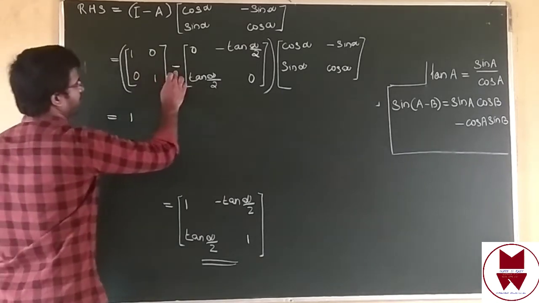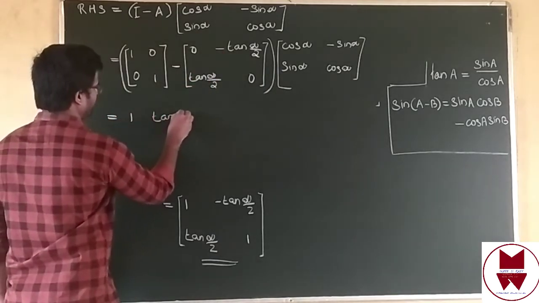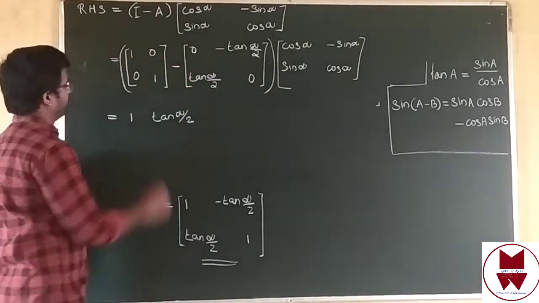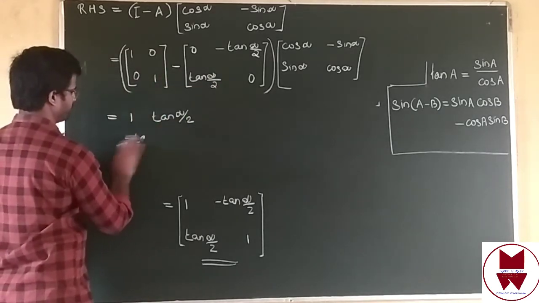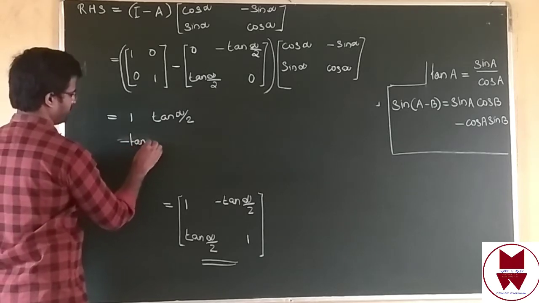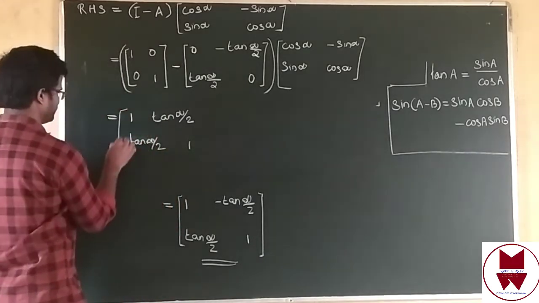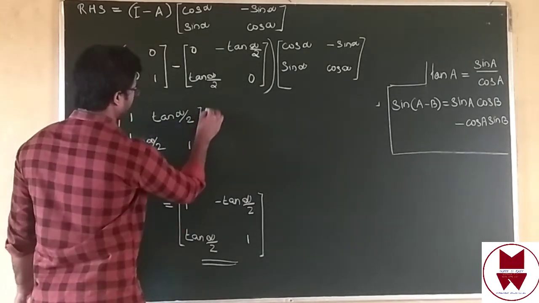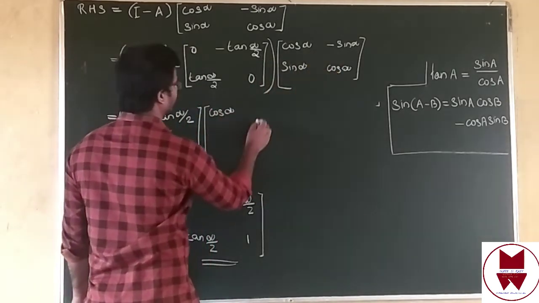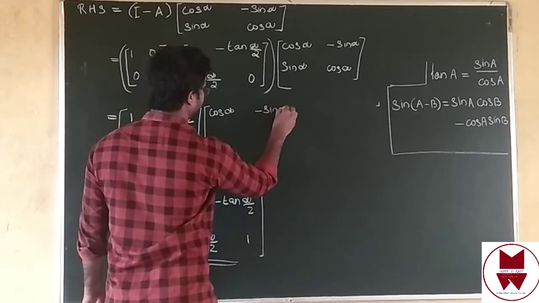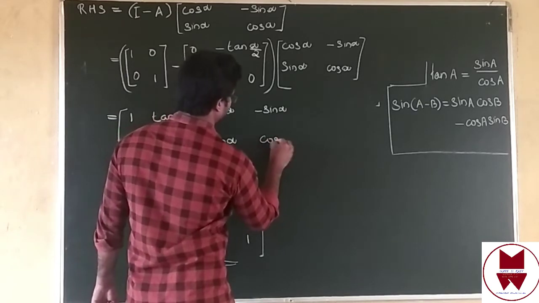And then 0 minus minus tan alpha by 2, minus into minus is plus, so plus tan alpha by 2. Then 0 minus tan alpha by 2 is minus tan alpha by 2. Then 1 minus 0 is 1. Into the second matrix, that is [cos alpha, minus sin alpha; sin alpha, cos alpha].